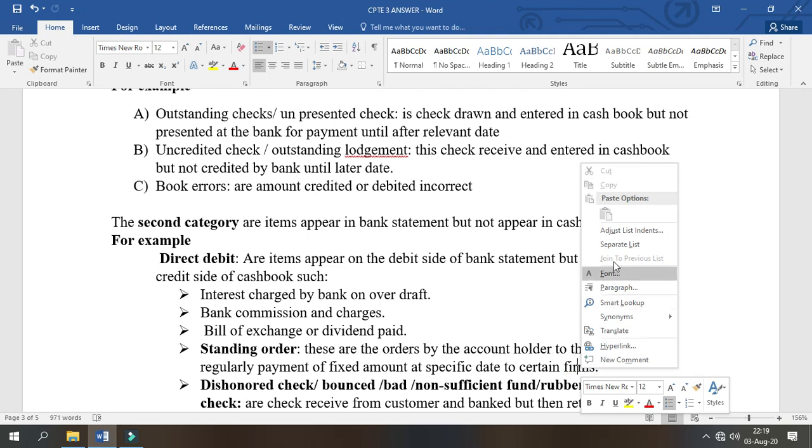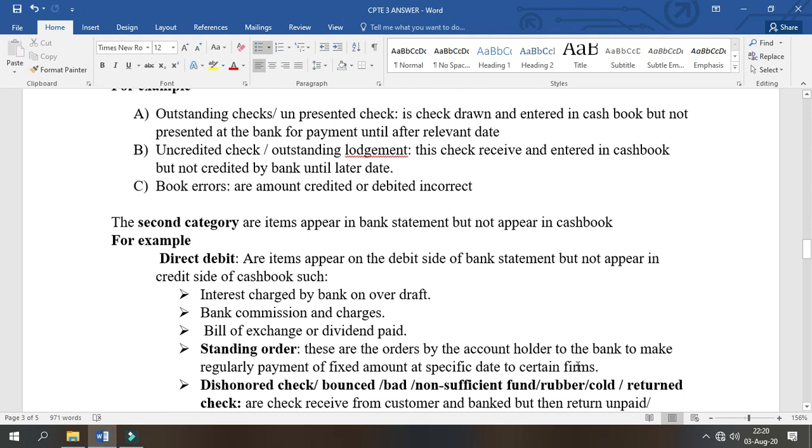Dear friend, a customer of the bank may instruct the bank to make regular monthly payments to its employees; these are examples of standing orders. The customer may instruct the bank to make regular payments of a fixed amount at a specific date to certain firms.